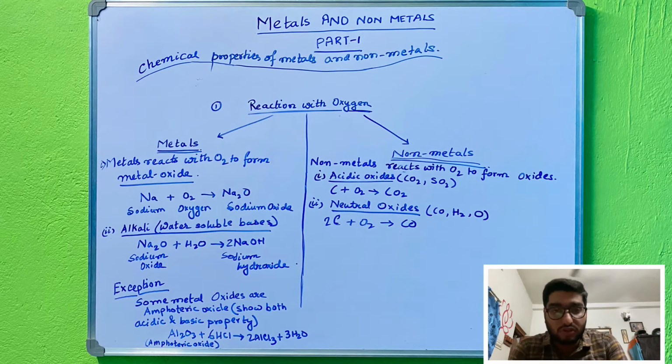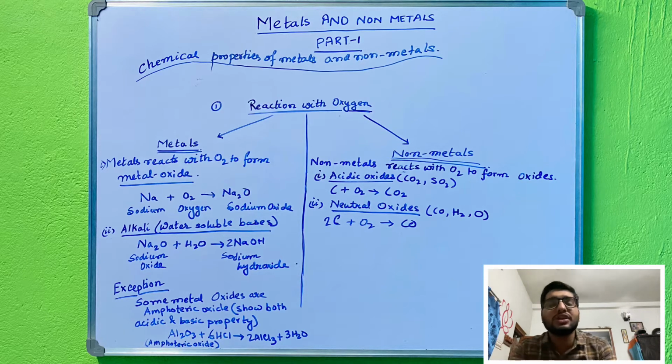Amphoteric oxides are those which show both basic and acidic properties. Like Al2O3, which is an amphoteric oxide, that is aluminium oxide. When aluminium oxide reacts with HCl, it gives AlCl3 and water. You can see the reaction on the board also.